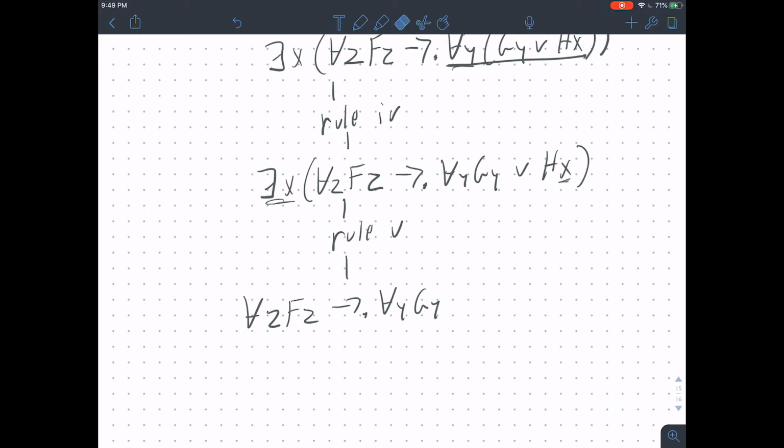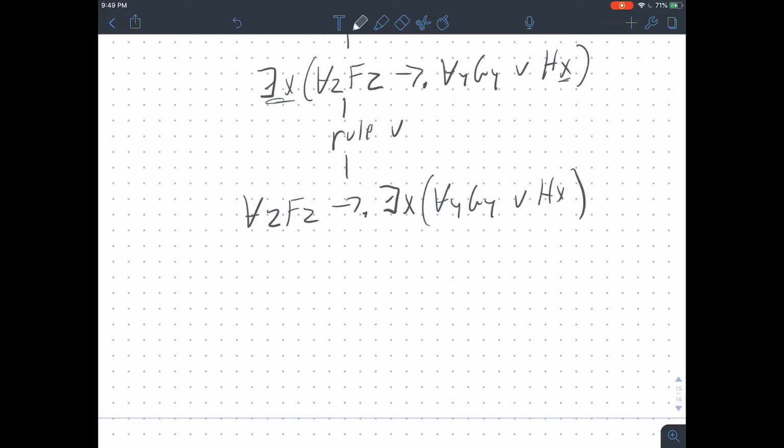Oh, wait. Oops. That's wrong. Sorry. Do it a step at a time. Because if we're moving the quantifier to the consequent of a conditional, it doesn't change types. Right.